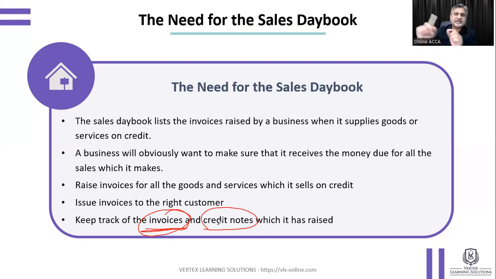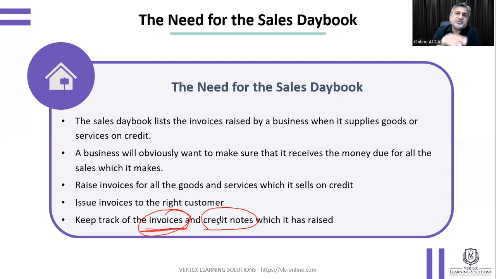Credit notes are exactly opposite to invoice because in case of invoice, you claim money from the customer. Invoice creates receivable. When you issue invoice to a customer, you create a receivable, which means you have to receive money from the customer. Credit note is opposite of that.